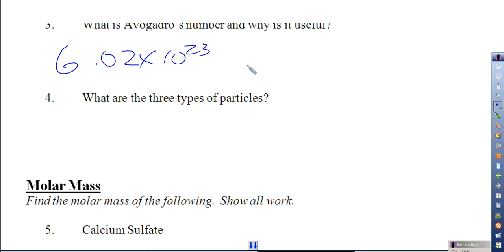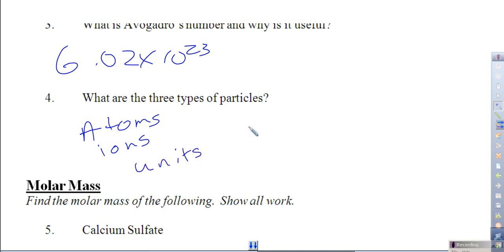All right, now that's particles. And that tells you how many atoms, ions, units, or molecules. There's actually 4. Some people don't include ions, but I do.